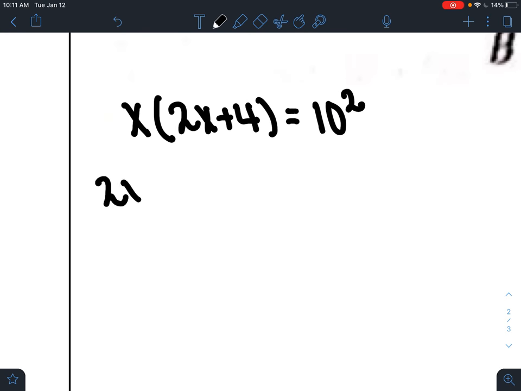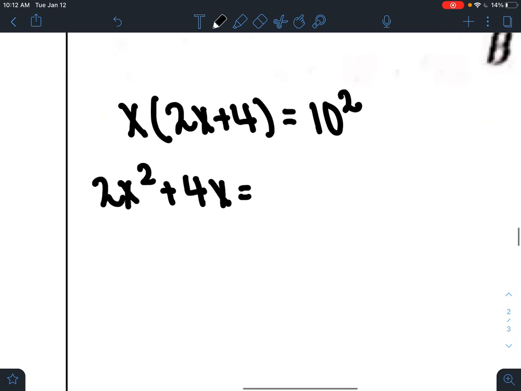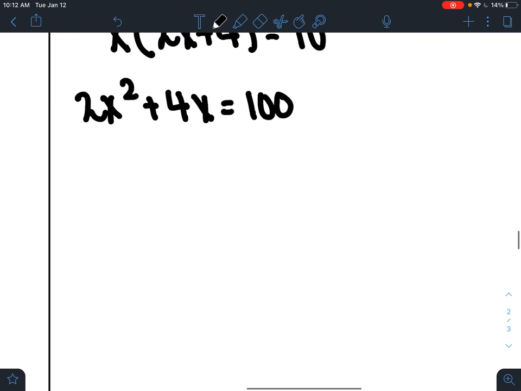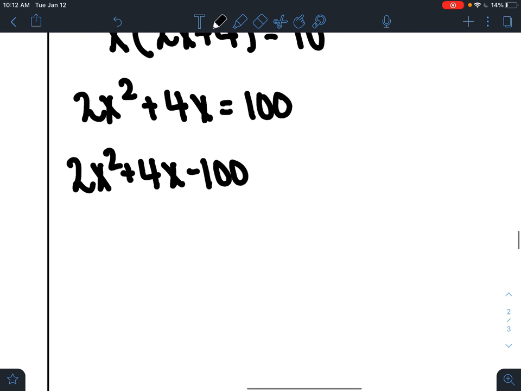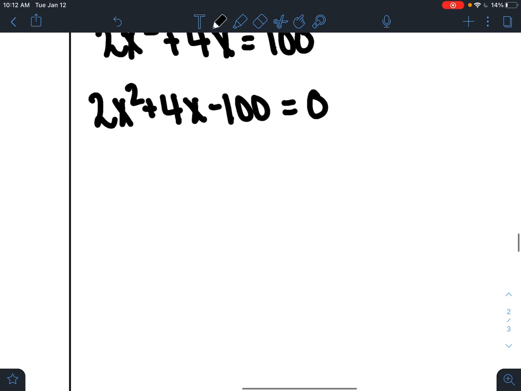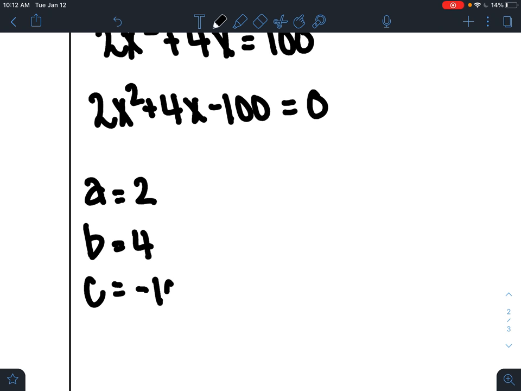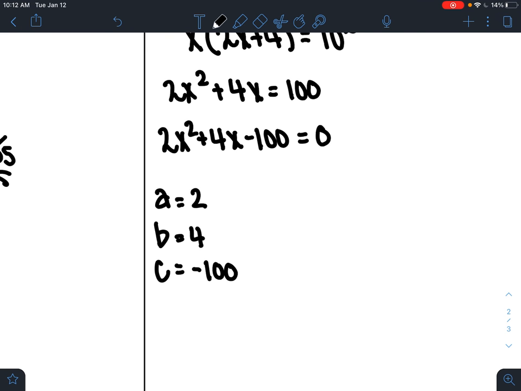So distributing through, I'm going to get 2x squared plus 4x is equal to 100. Then I'm going to subtract out that 100, and I'm going to have 2x squared plus 4x minus 100 is equal to 0. From this, I'm going to take my a, my b, and my c. My a is 2, my b is 4, and my c is negative 100.